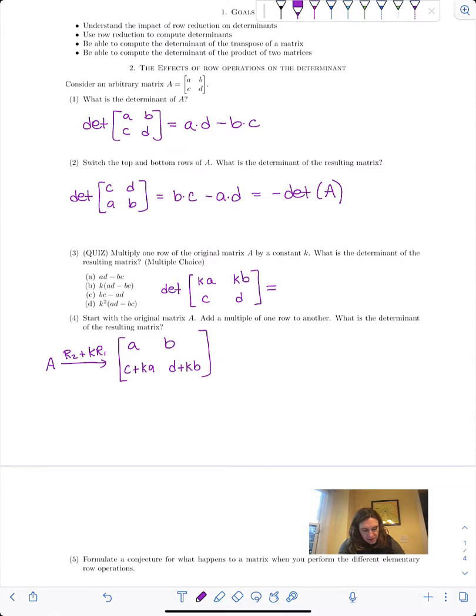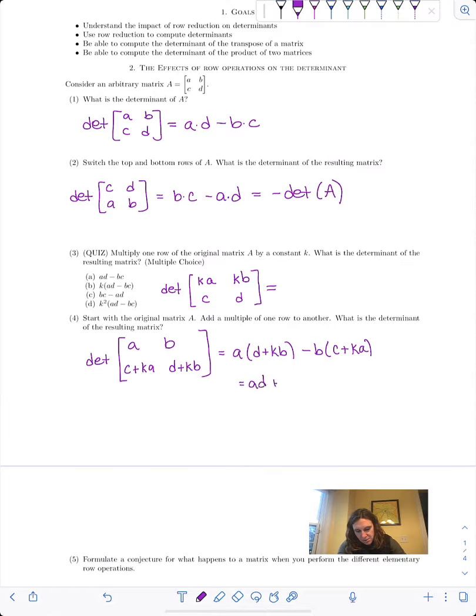Well, when we take that determinant, so we've done our row operation, and we want that determinant. So we have A times D plus KB minus B times C plus KA.